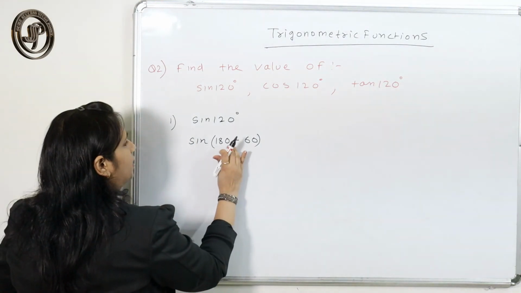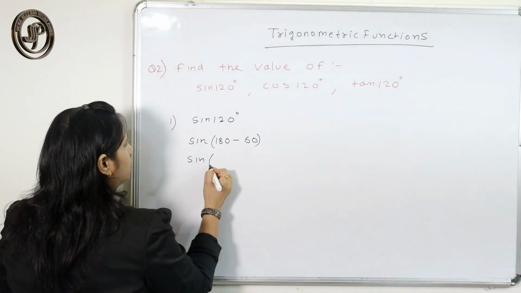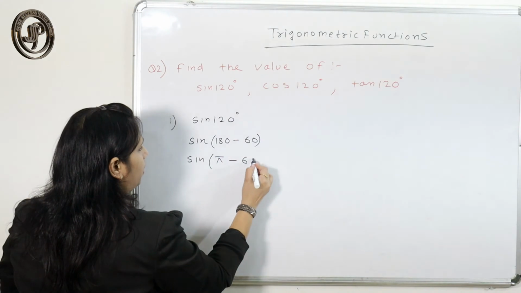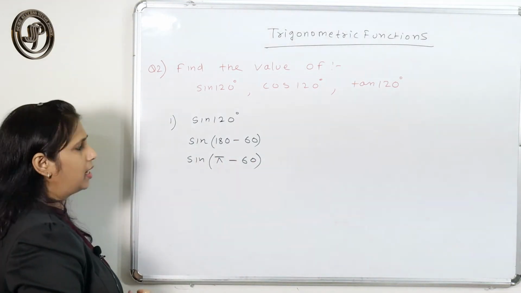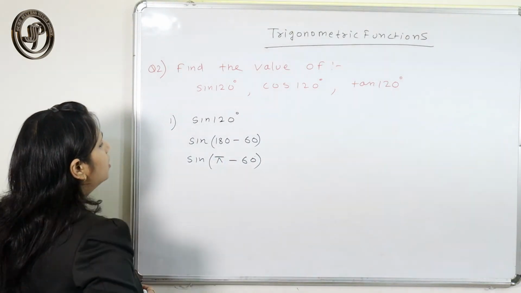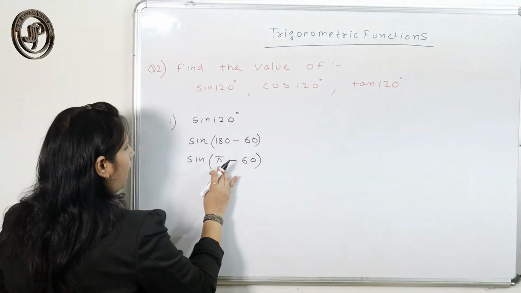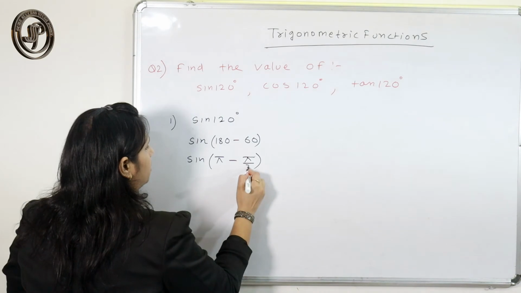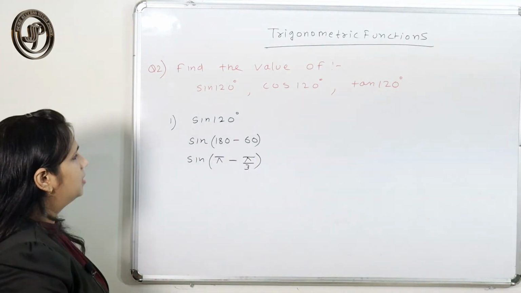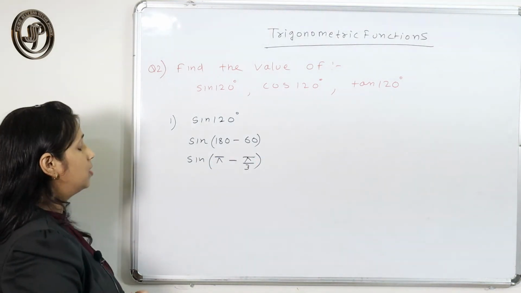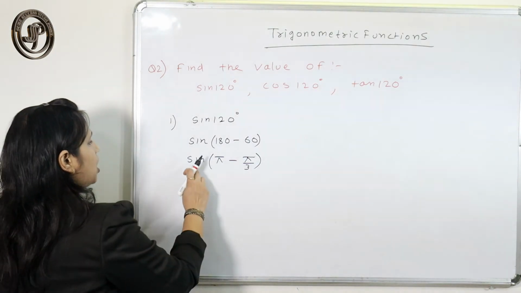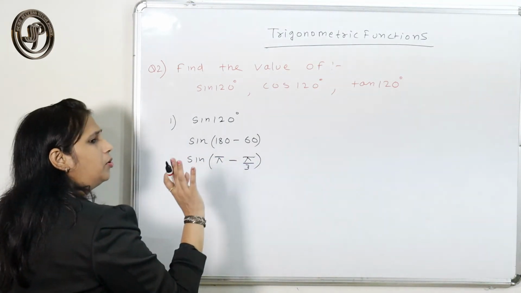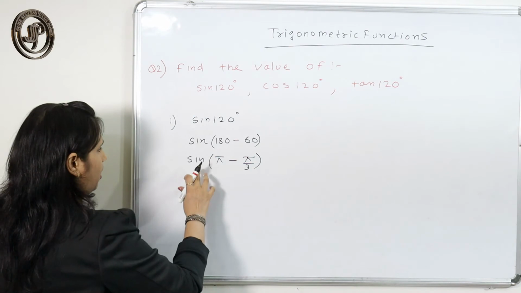You can write 180 as pi, so sine pi minus 60, you can write 60 as pi by 3. Or even you can write 60 degree also, that is not the issue.